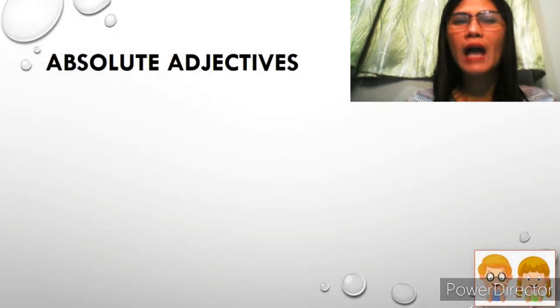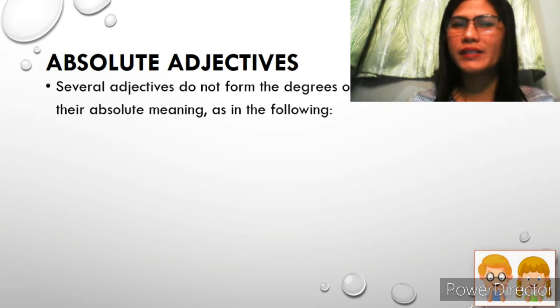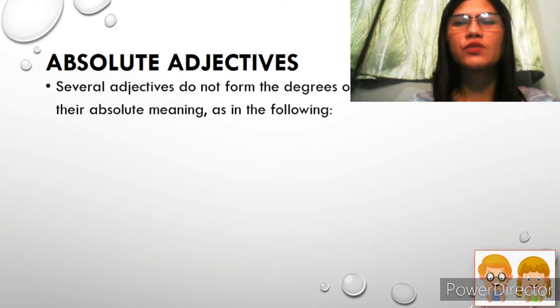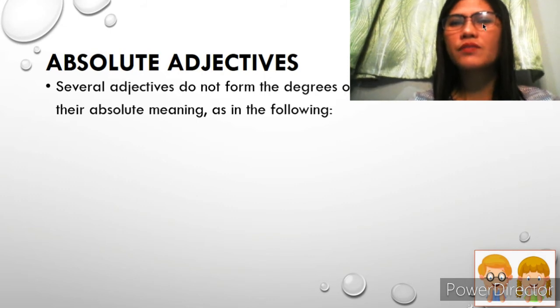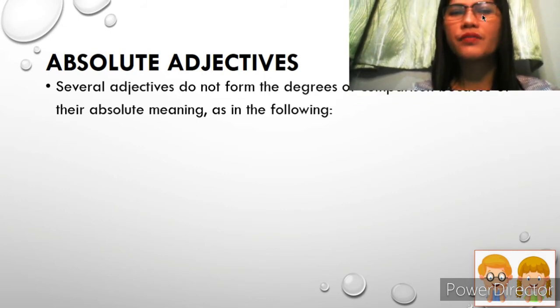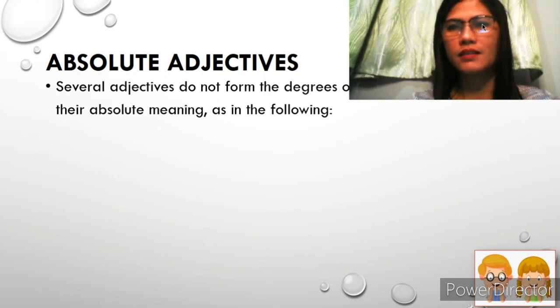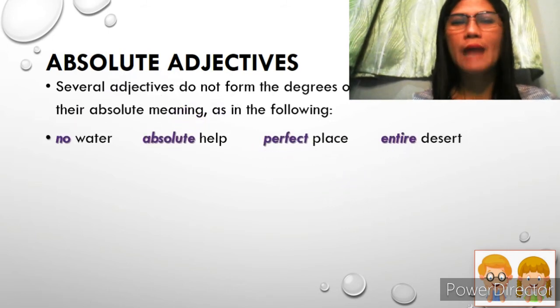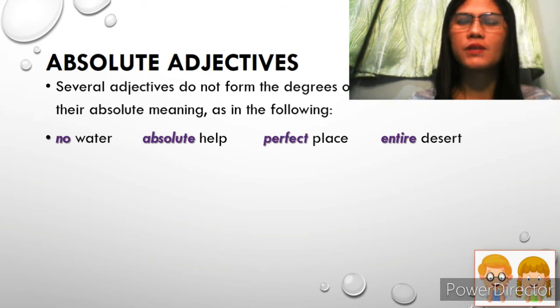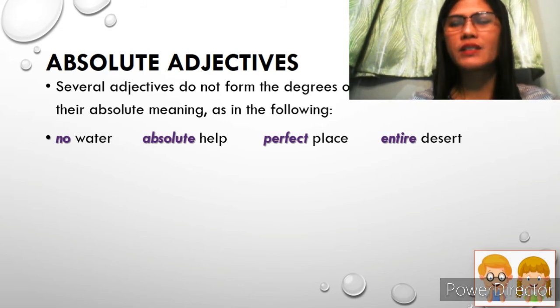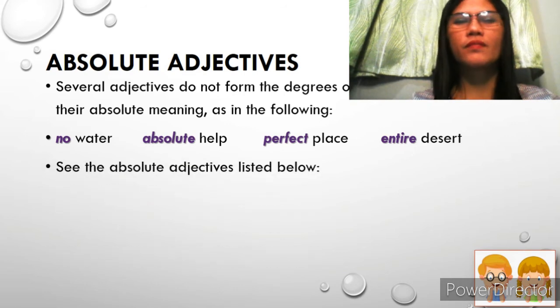We also have absolute adjectives. And what is this? Several adjectives do not form the degrees of comparison because of their absolute meaning, as in the following. You have absolute adjectives no, absolute, perfect, and entire. In phrases: no water, absolute health, perfect place, entire desert.